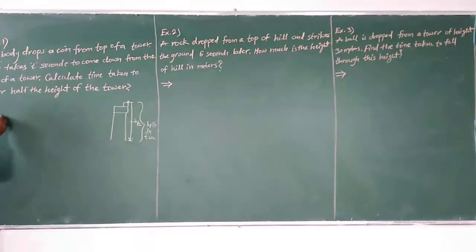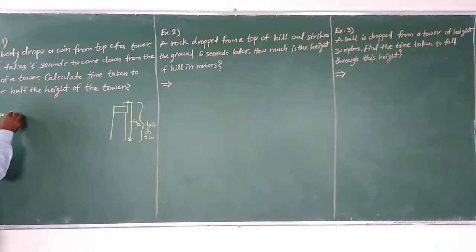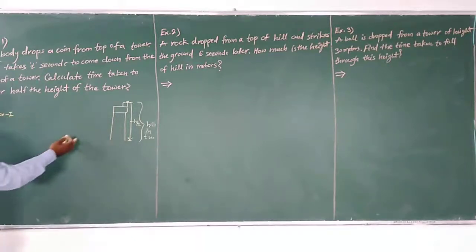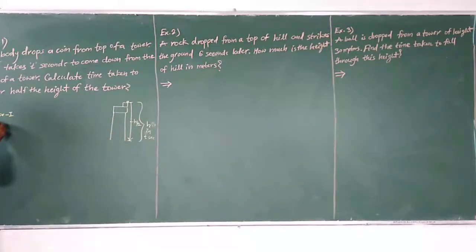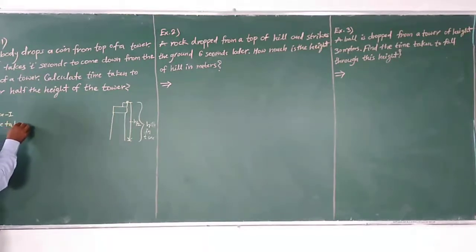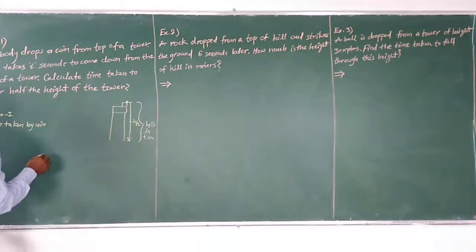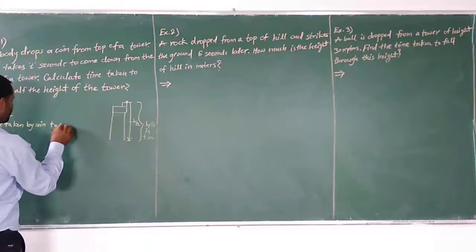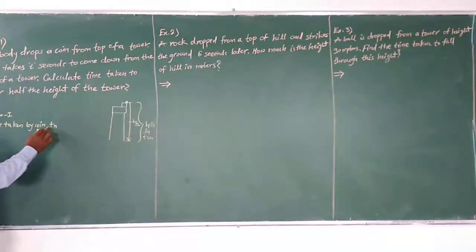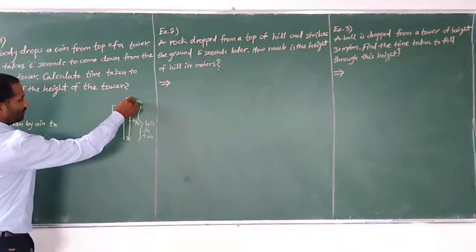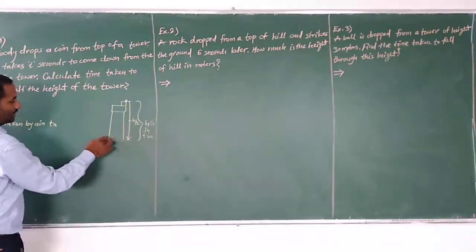So we will consider two cases. So case 1. What is case 1? The time taken by coin, I will write Tn, the time taken by coin to come from the height of the tower to ground.